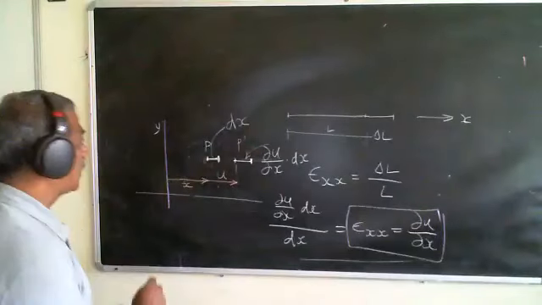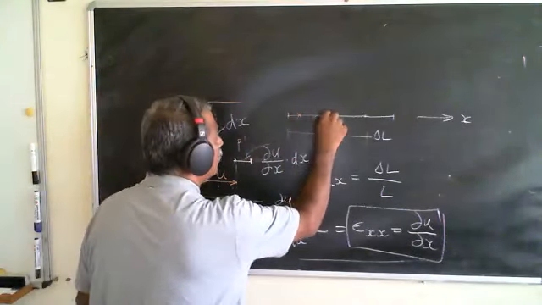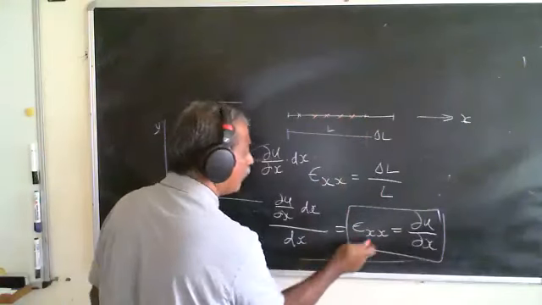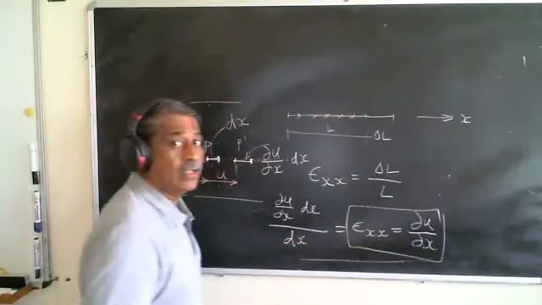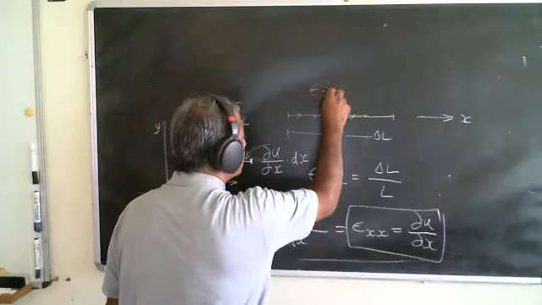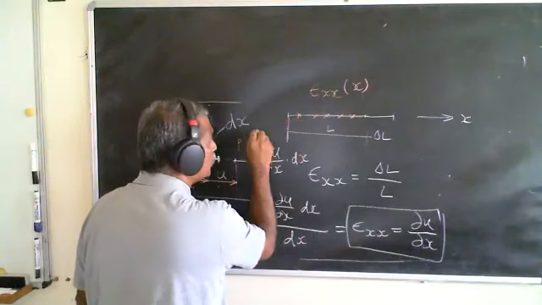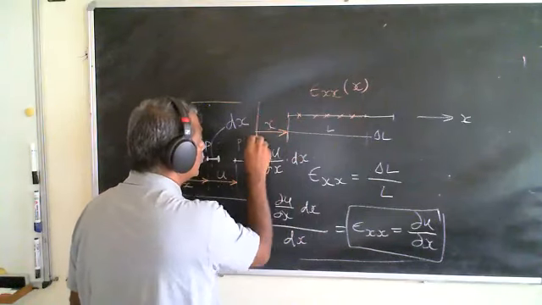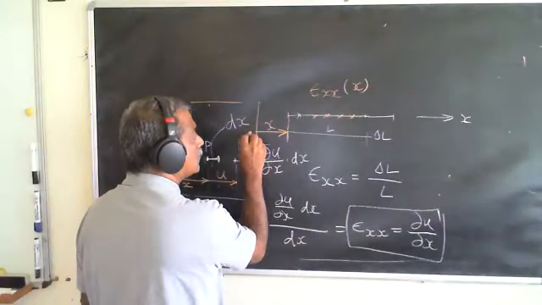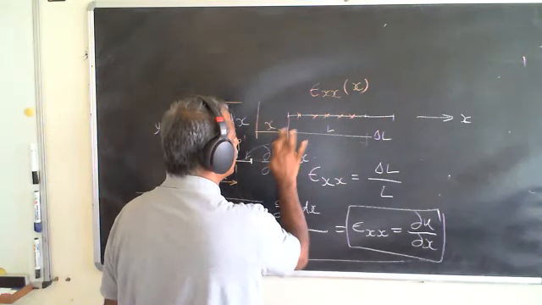So if this is the line element, I can track different points of the body and find out the strain in that body. So what will happen is I'll get epsilon XX as a function of x, where x has to do with the distance of each of these points. Each of these points, I can put it like this.